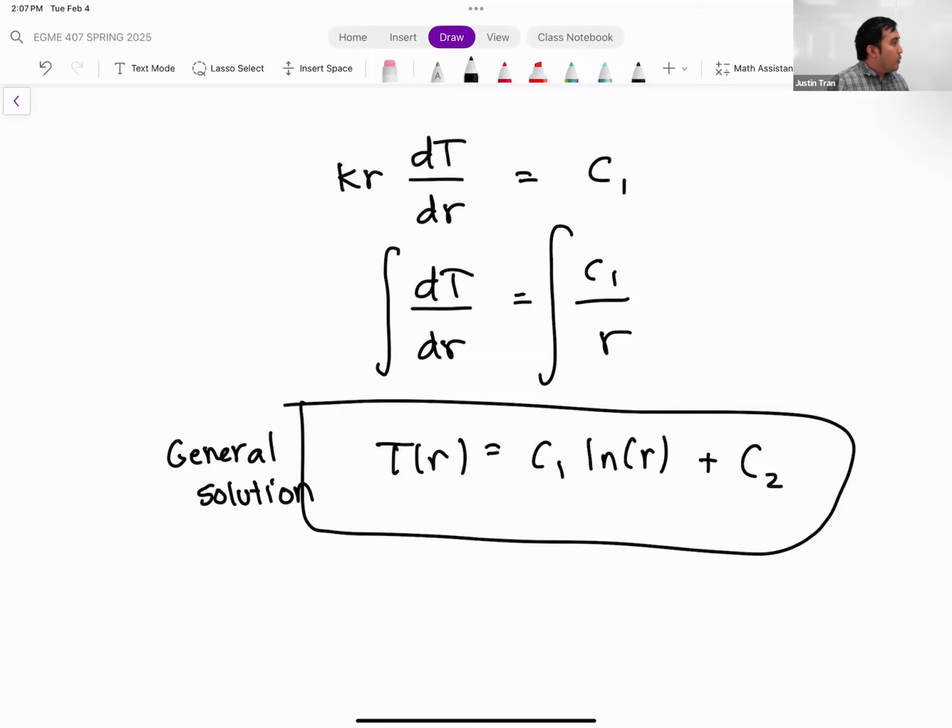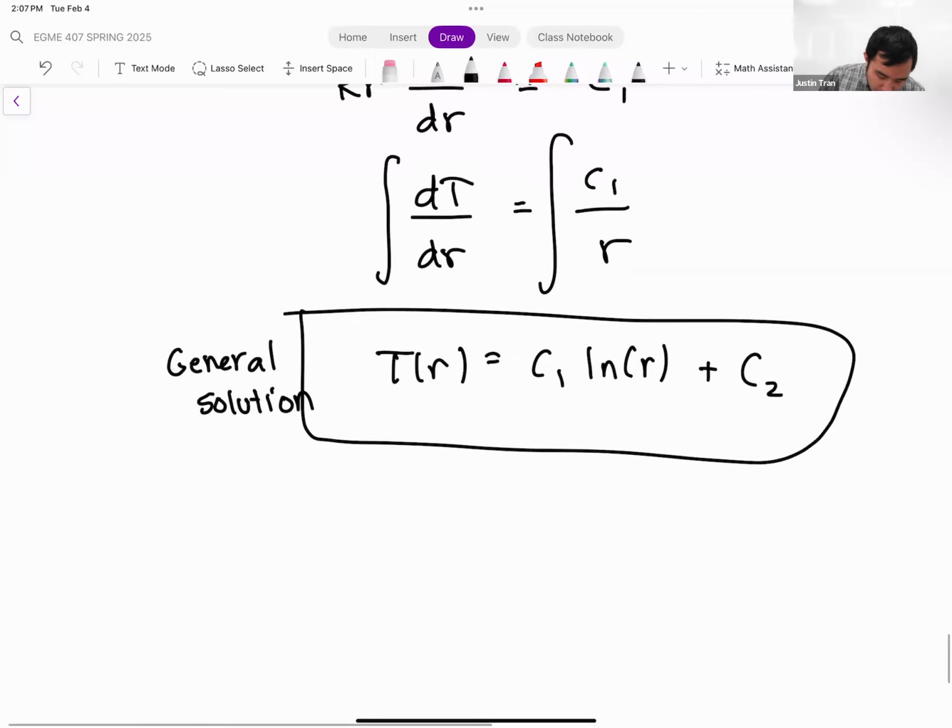But we have a problem. Because if you remember from the last example, at this point, what we did was that we applied 2 boundary conditions, and those 2 boundary conditions gave us the equations we needed to solve for C1, C2. So we need 2 boundary conditions.